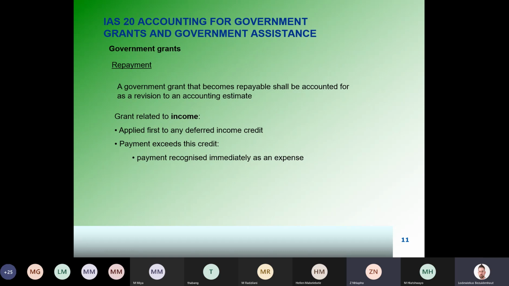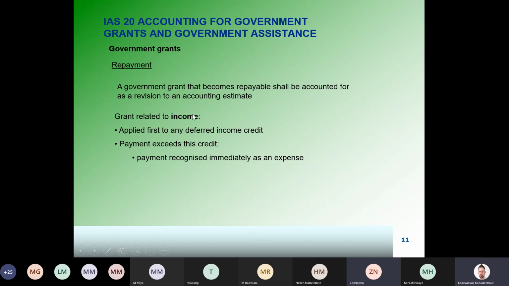Okay, so let's go back one step. We've got two grants, either income-based or asset-based. If it is an income-based grant, every year a portion of that grant will be transferred from the deferred grant income account to the income statement. So what happens when we have to repay?